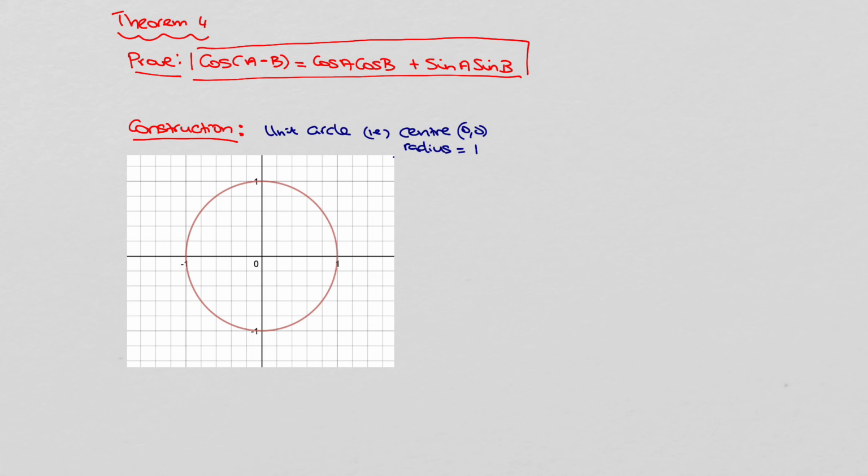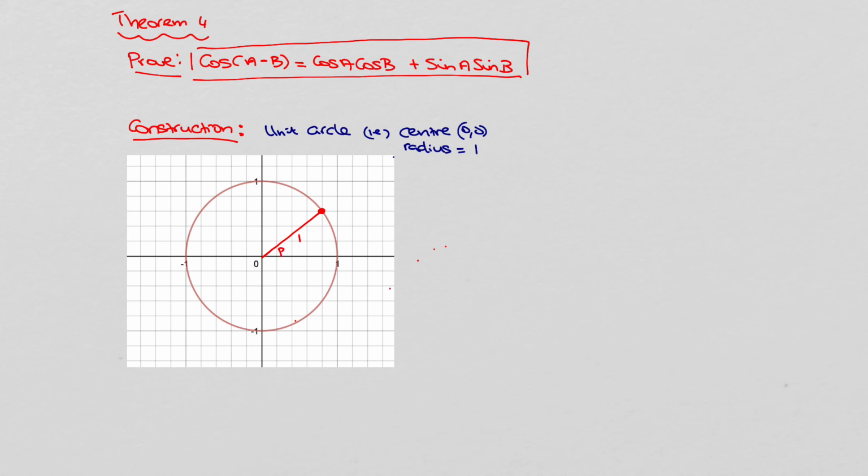So if I take a point on the unit circle, I mark it in, then if I draw the line from the center to that point, that means it has radius 1. And we know our coordinates are cos followed by sine.